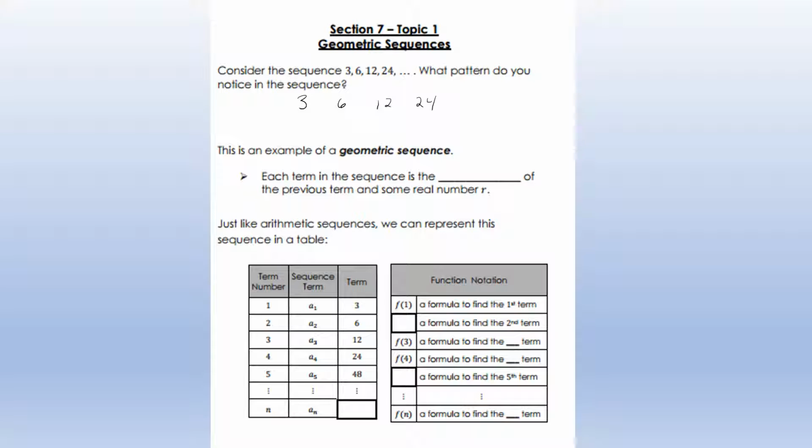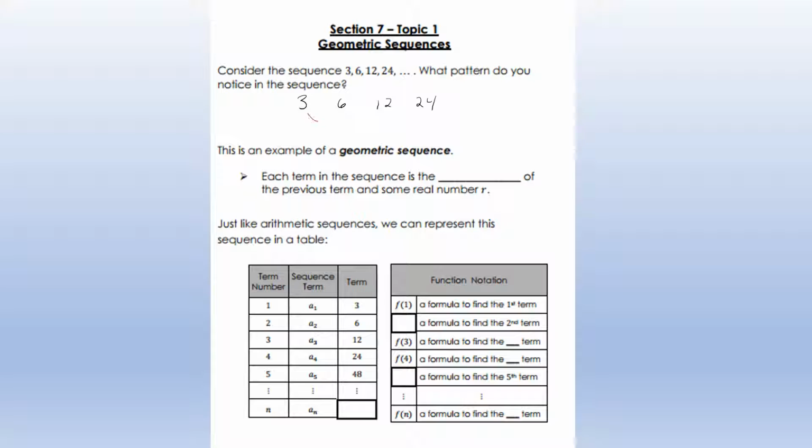So if we took 3, we could do 3 plus 3 and get 6, right? That means the pattern would have to hold. We have to do 6 plus 3. Would that get us 12? Well, in this case, that wouldn't work. We're not adding 3 as we move through this series of numbers.